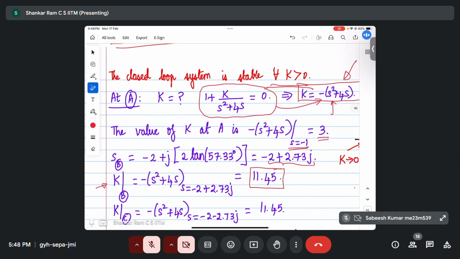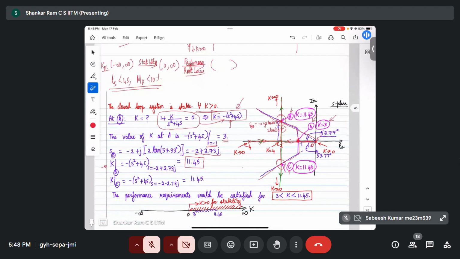That's how we calculate the value of K at B. The value of K at C is going to be the same, 11.45 also.